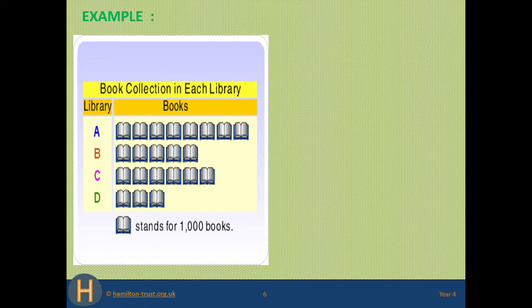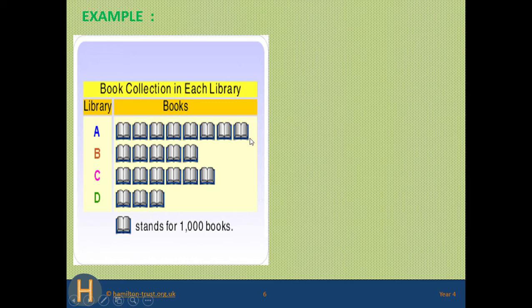So, if we want to count, what's the number? What's the number of books in library A? Jadi berapa jumlah buku di perpustakaan A? Yaitu 1, 2, 3, 4, 5, 6, 7, 8.